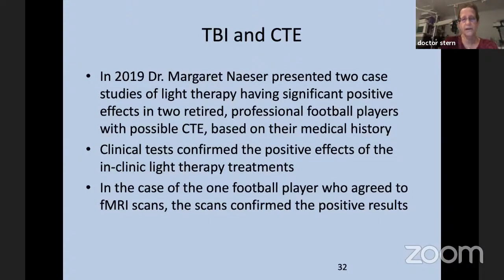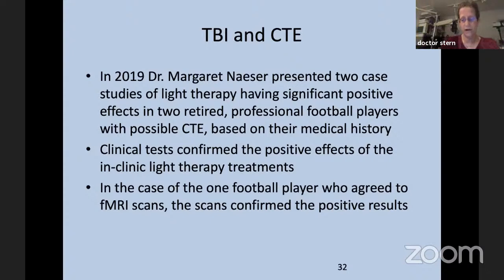But what she was looking at in 2019 were, again, two people only, but 2 retired professional football players that, based on their medical history, they thought might have CTE. And they found that light therapy was helpful.